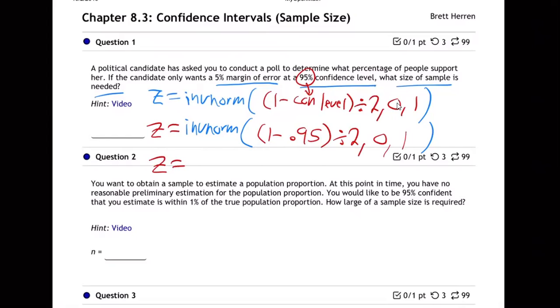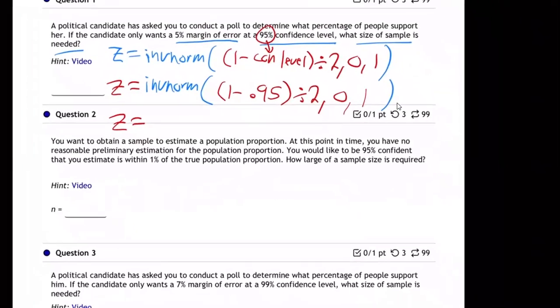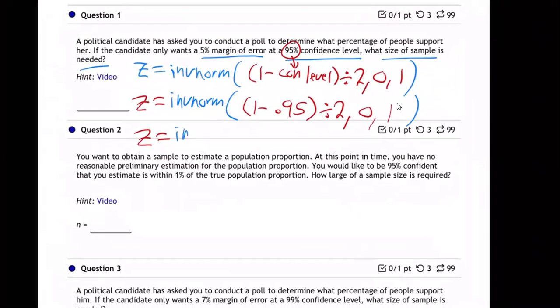If you type that in exactly, I'm going to do that now too. All those parentheses can be confusing, so I think I would just make this 0.05, because that's what 1 minus 0.95 is. I think that'd be easier.